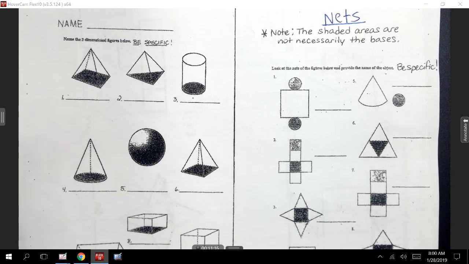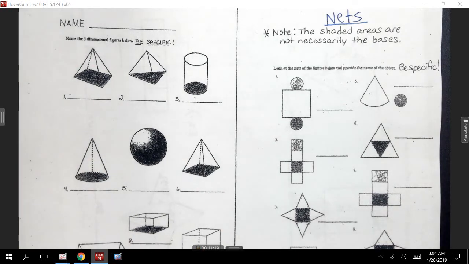All right, so you'll notice number one. What do you think number one would be called? We need the entire name. It is a pyramid. What type of pyramid? Because number two and number one both look like they're pointy, but there's a little difference. What's the difference, Gabe?